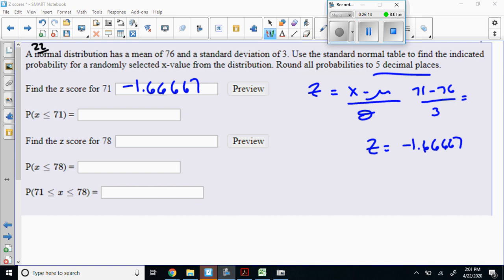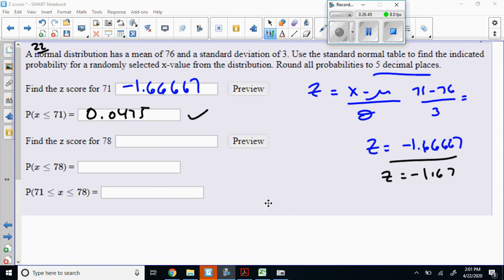All right, so we got that as a z-score, but our z-scores only go to 2 decimal places. So we're looking at a z-score negative 1.67, which happens to be, we're just going to round them to 2. And this problem is going to allow us to do that. So negative 1.67 is 0.0475. Okay, we've checked it. We know that's what's going to happen, right?